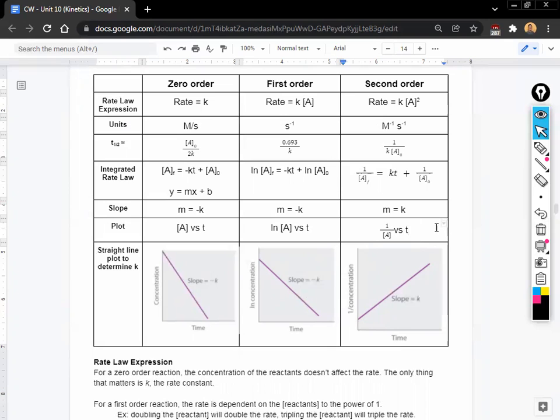If I had a second order by A, B, I would have to draw two lines. One line would represent A, and the other line would represent B. But unless they really hate you on the test, you're not going to get anything like that. Great question, though.